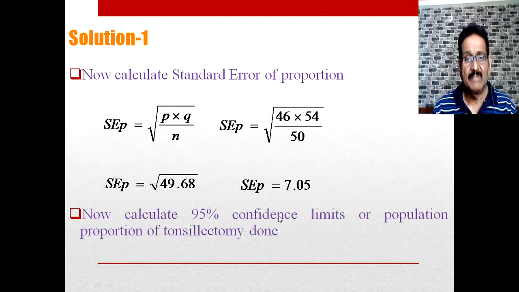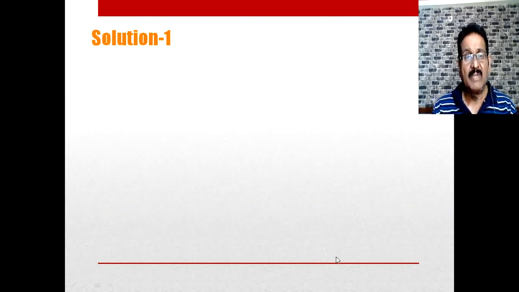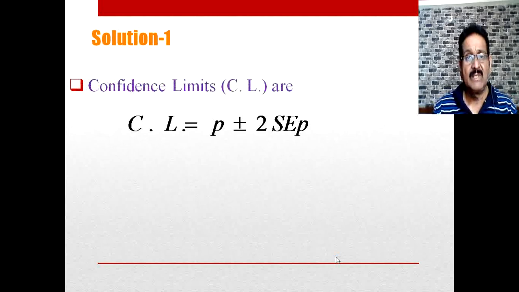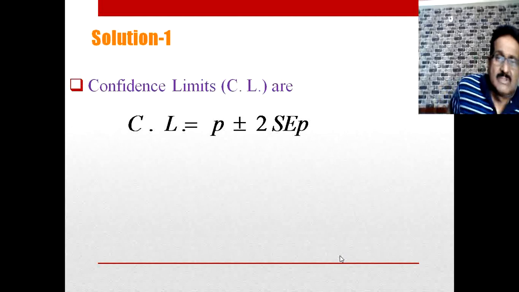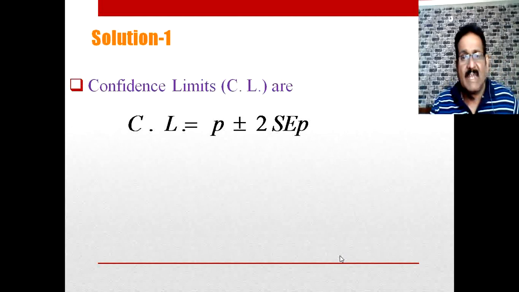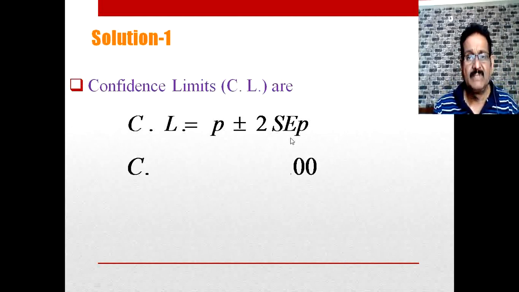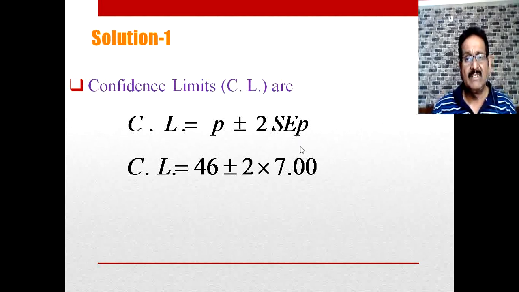So the 95% confidence limit for the population proportion of tonsillectomy done can be solved using the formula P plus minus 2 standard error of proportion. Approximately, instead of 7.05 you can use 7, for the sake of simplicity, so you can easily calculate, because in examinations the calculator is not allowed.